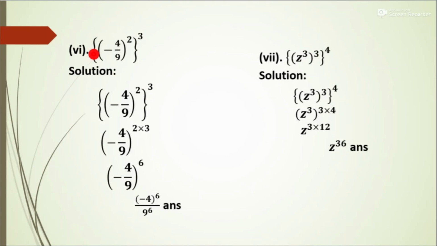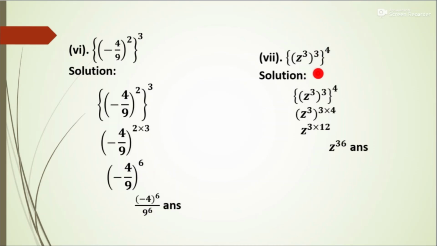Okay, question number 6, minus 4 upon 9 in the whole bracket to the power 2 and power 3. First of all we will multiply 2 multiplied by 3. You can see here 2 multiplied by 3 is 6, and we can write 6 in the form of 4 and 9.